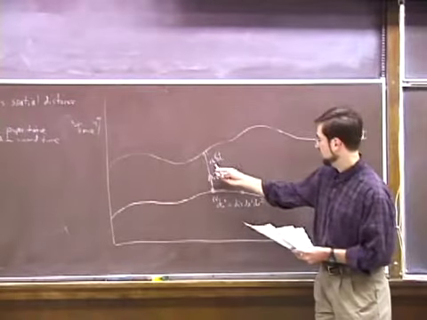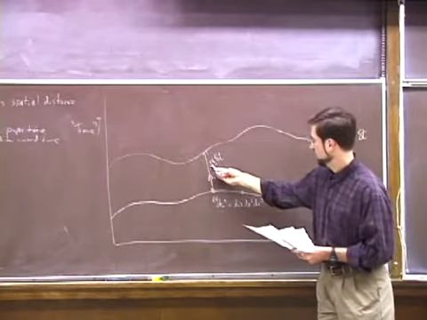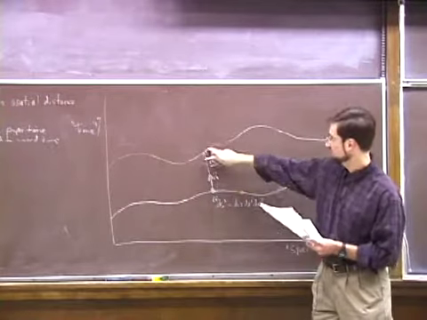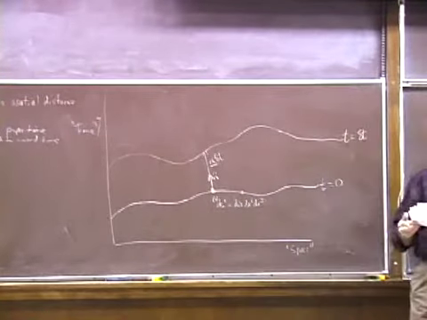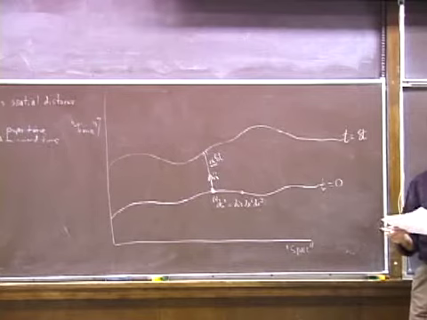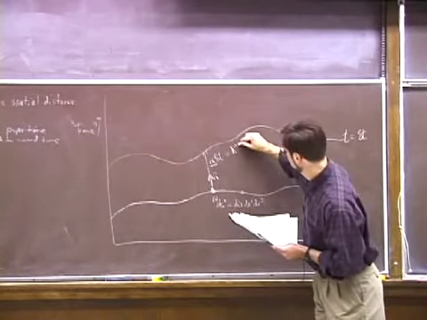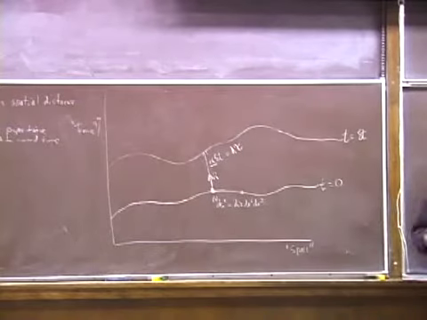So as I said, this alpha just tells you when you go a coordinate time delta t from here to there, how much proper time has elapsed. So this is d tau at this point.